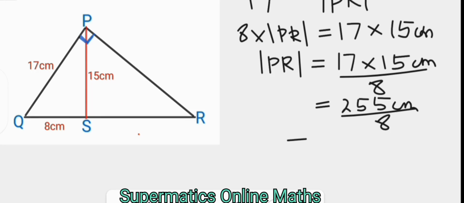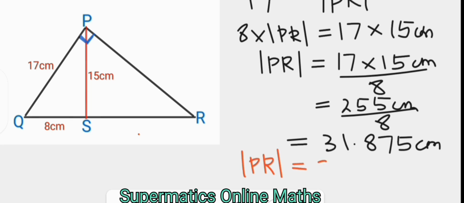This gives 31.875 centimeters as the side PR, and to one decimal place, the side PR is 31.9 centimeters.